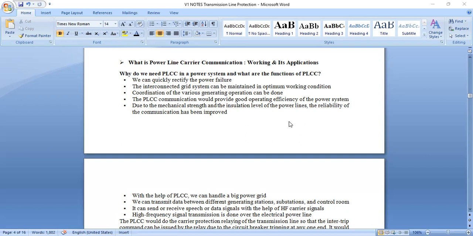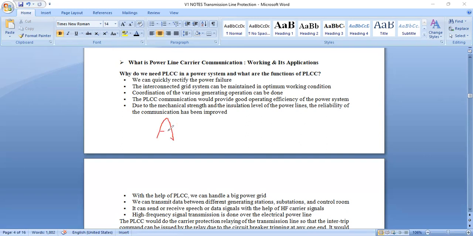The first question is: what is the need of power line carrier communication? This topic is related to substation communication. That means it is for the purpose of communication between substations.